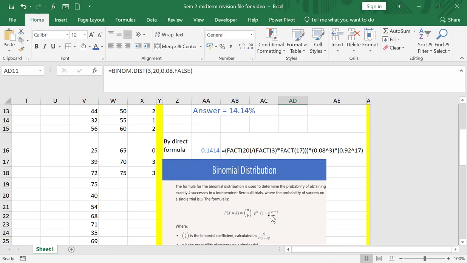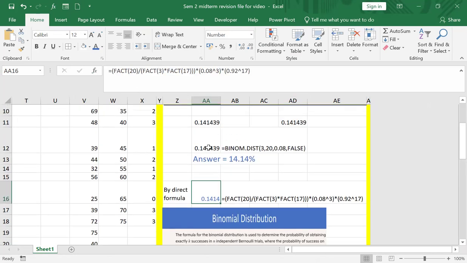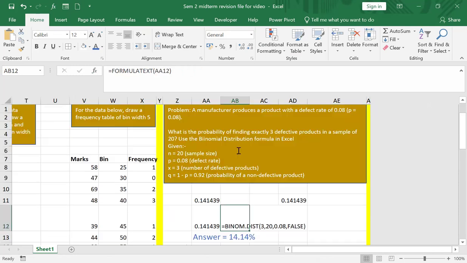And (1 minus p) to the power of n minus k: 1 minus p is 0.92 to the power of n minus k, that is 20 minus 3, that is 17. This also gives the same, 0.1414, that is 14.14%. So you are expected to use this formula by now. And that is the end of the problems.